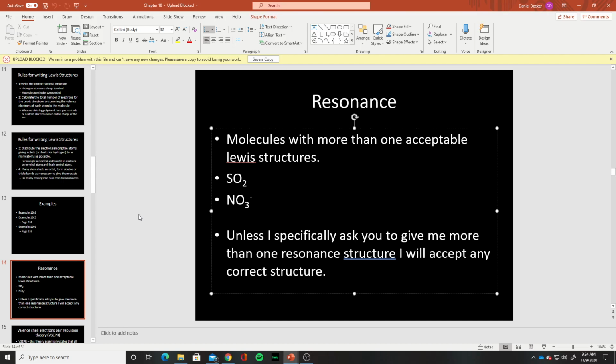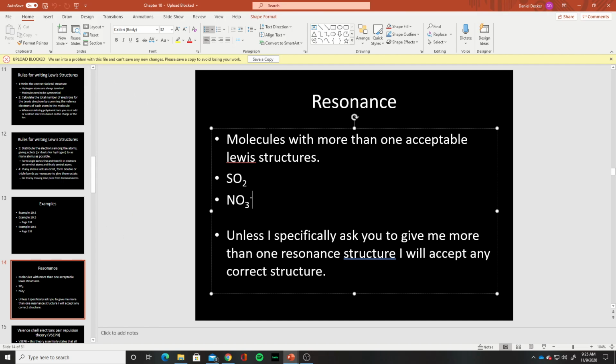So how many of each of the following things would be present on the central atom. And so it would have a spot for single bonds, a spot for double bonds, a spot for triple bonds, and a spot for lone pairs. And so you would have to fill in how many of each of those things were attached to the central atom. Now again, this is not ideal by any means, but it's the best I can come up with for testing in Blackboard, and still essentially requiring you to actually draw the structure so that you can see how many of each of those things are in there.